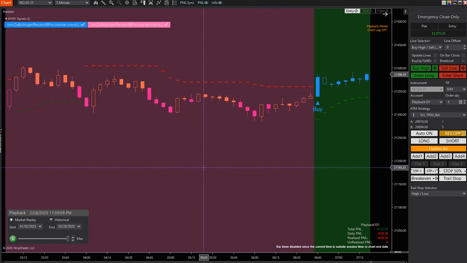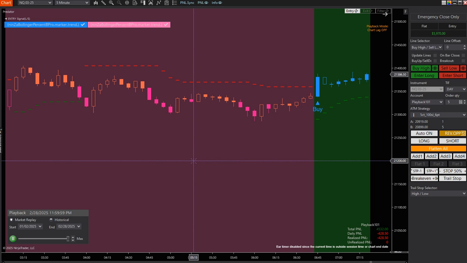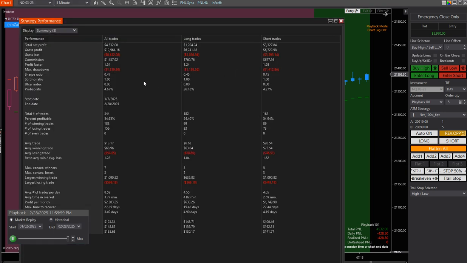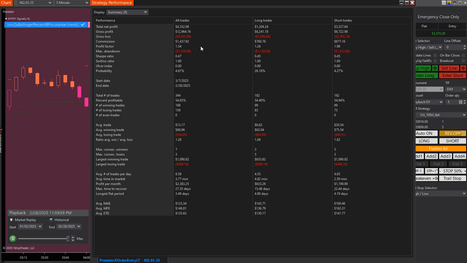So let me go and show you the trade performance. So here's the trade performance. Whenever I test my strategy, I look at the trade performance, and let me explain what some of the numbers mean.